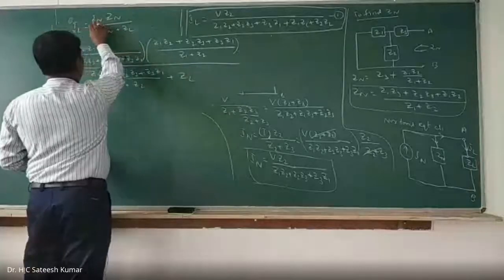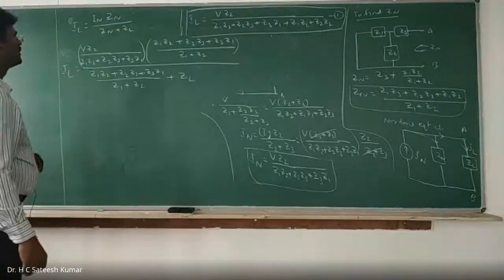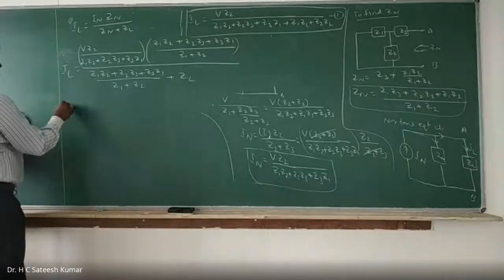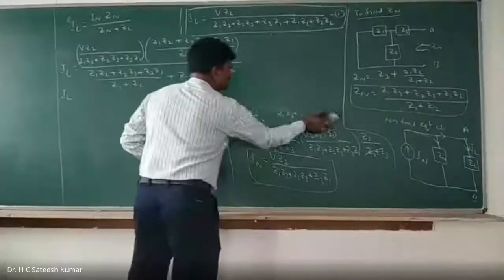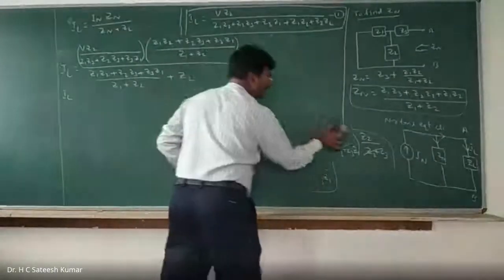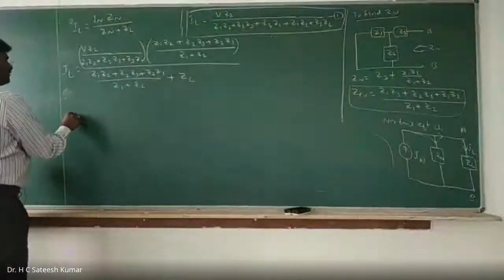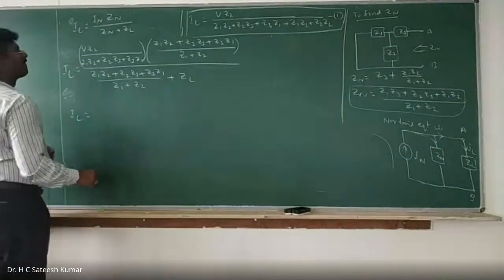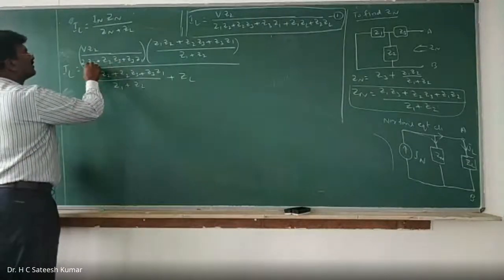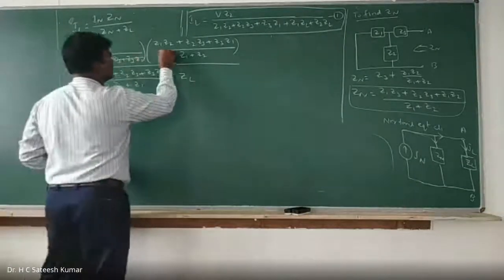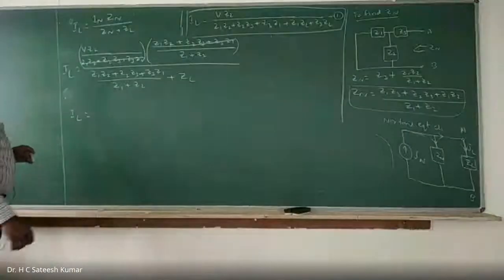So this one, IN, Zn I have substituted. Now what is that you should do? Take the LCM. IL is equal to, this one Z1 Z2 Z3 gets cancelled, and what is left out?